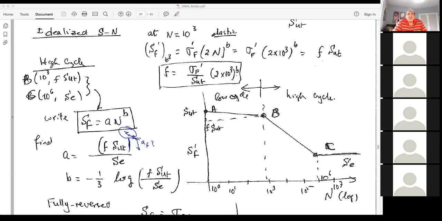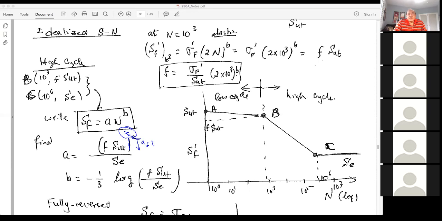If we know the fracture strength, the exponent B, and the epsilon versus 2N curve, the Manson-Coffin criterion, which we did not emphasize for lack of time, we can find this F. So for us here, we just assume that F is given or is obtained from a chart in the book as a function of S ultimate.